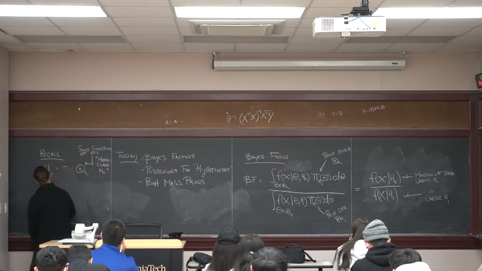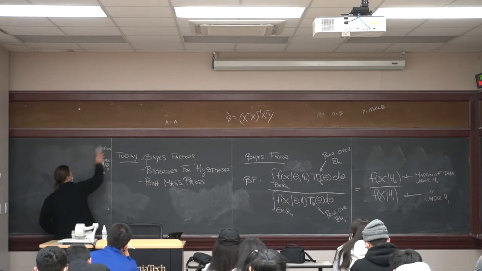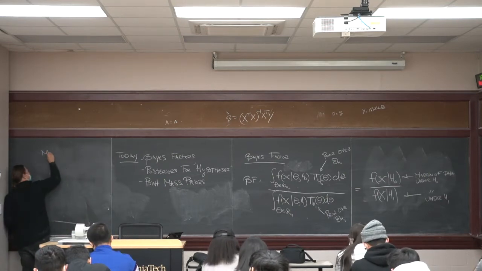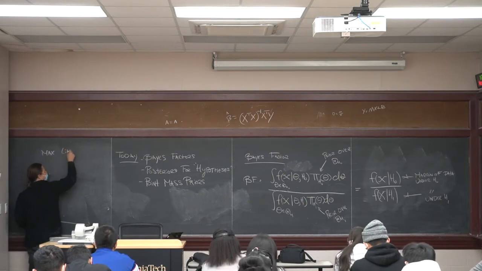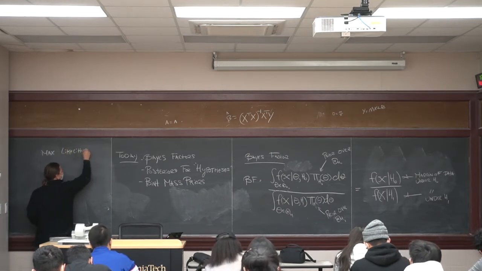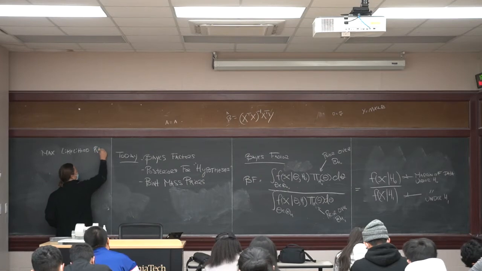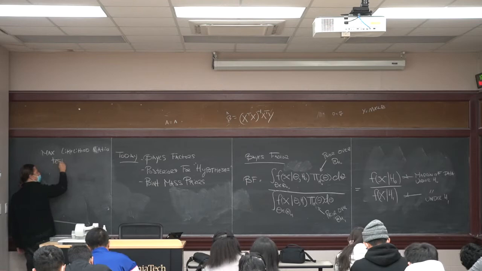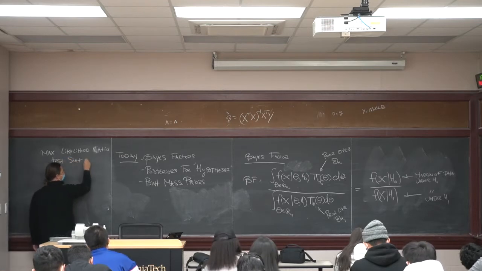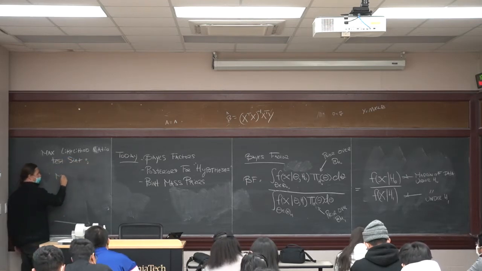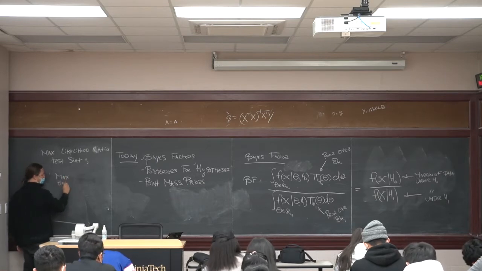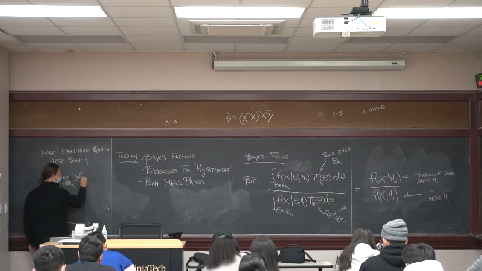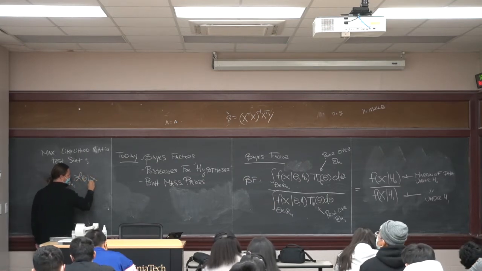We wrote down last time the maximum likelihood ratio test statistic. We'll write it down again. So the max likelihood ratio test stat looks like this. I'm going to take a maximum over theta in my model class H naught, and I'll write it down as the likelihood function.